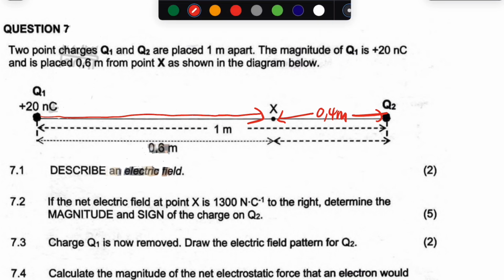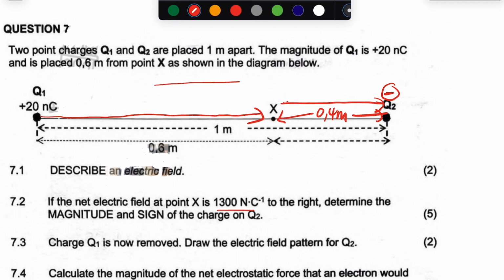Now let's look at which direction the electric field of Q2 on X is going. If the net is 1300 to the right, that simply means Q2 is negative. The field lines go towards a negative charge, so the electric field of Q2 on X also goes to the right.